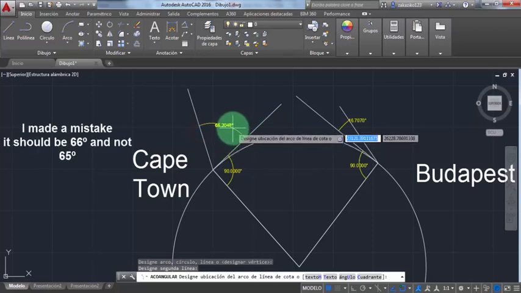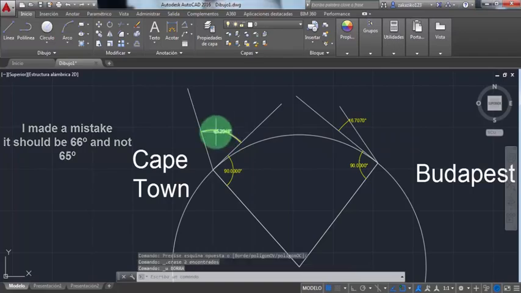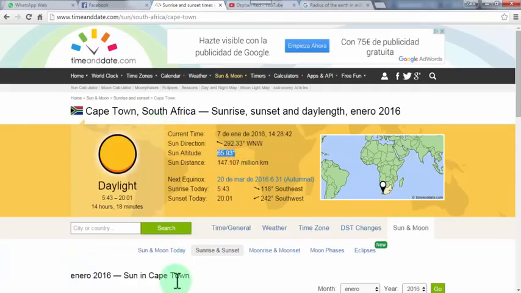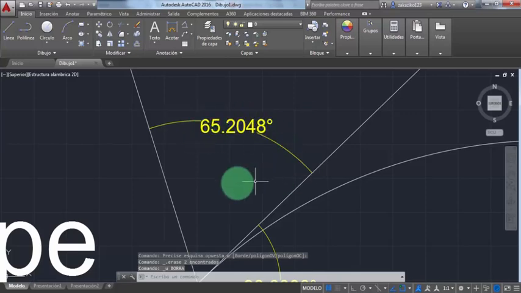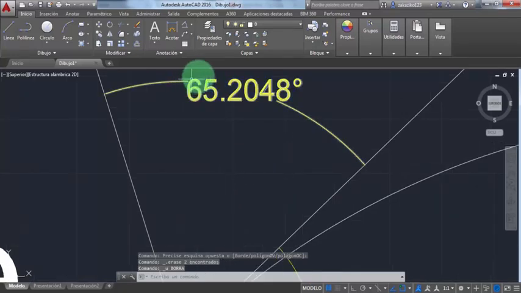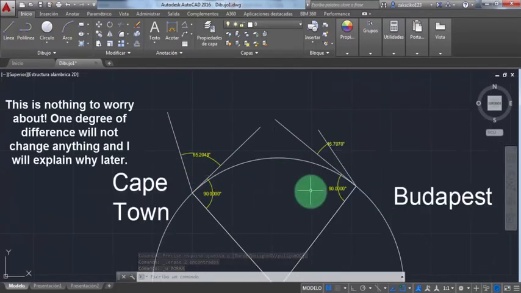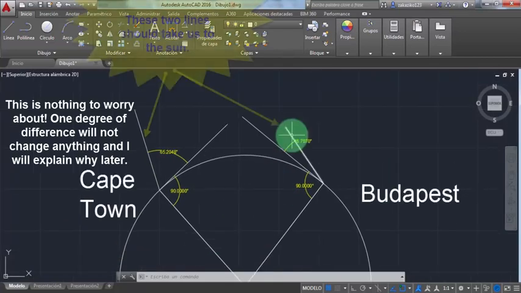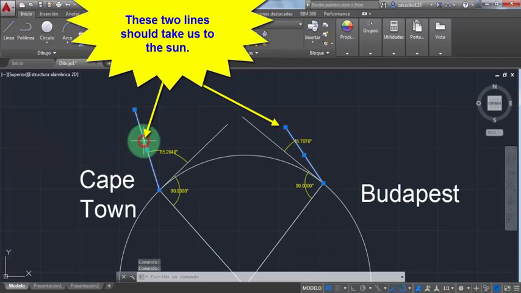Oops, I made a mistake. It should be 66 degrees and not 65. Let us check the website just in case. Okay, it has changed to 65. Good. So I'm just going to leave it like that. This is nothing to worry about, by the way. 1 degree of difference will not change anything, and I will explain why later.